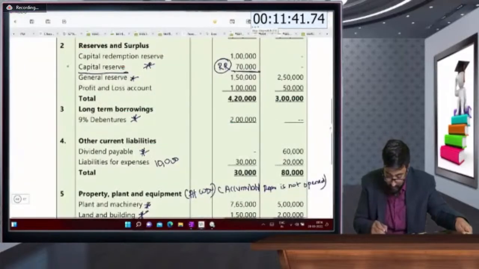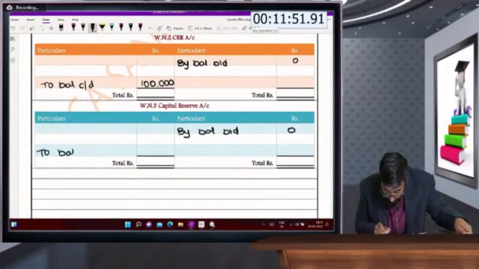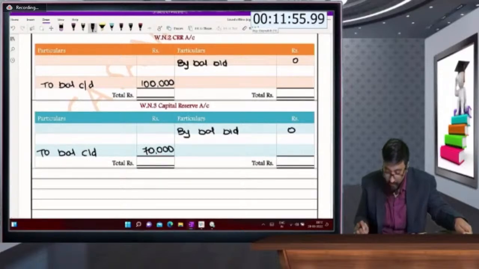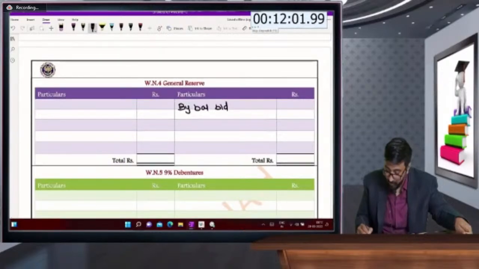Next, capital reserve. By balance brought down 0, to balance carried down 70,000. General reserve.